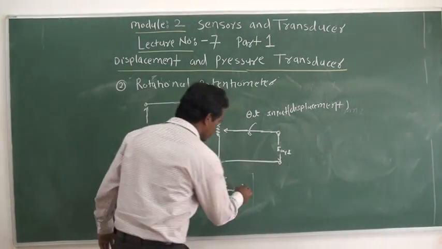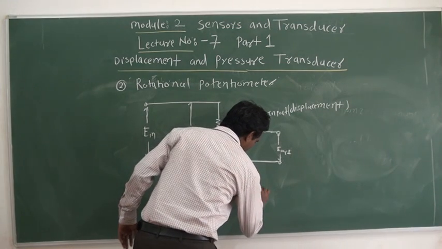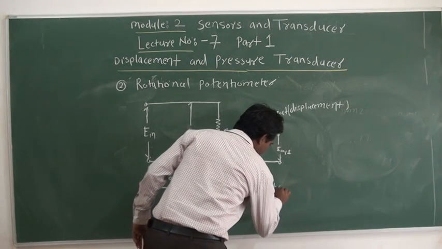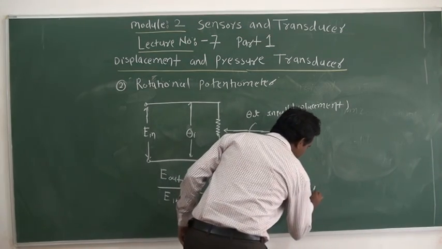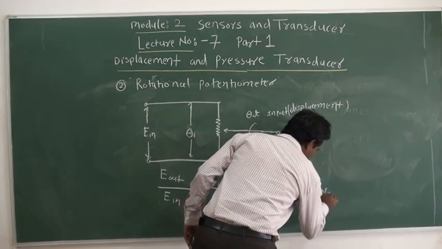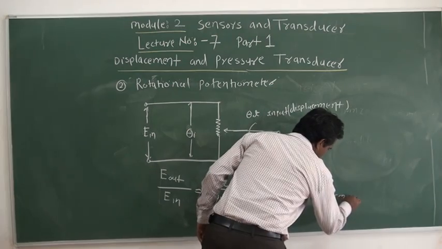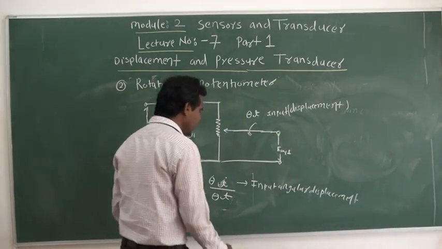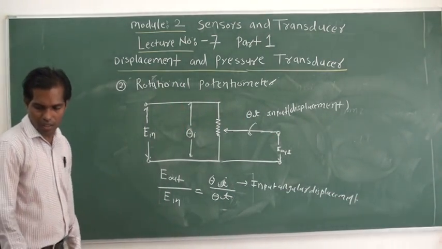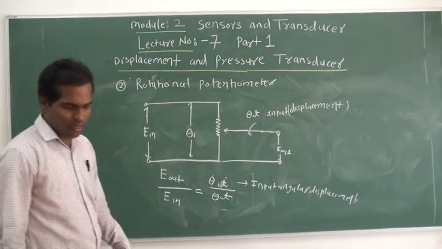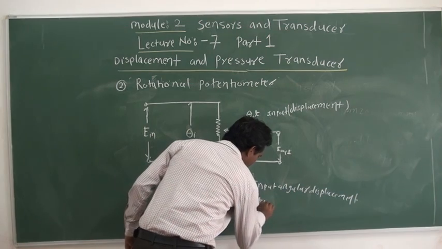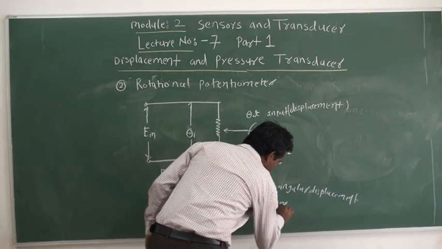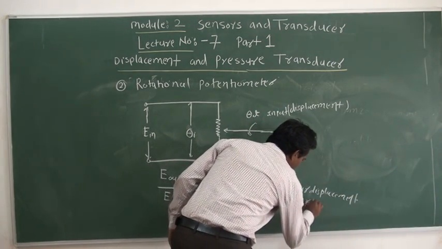So theta I is the input angular displacement and theta t is the total length of a wiper.